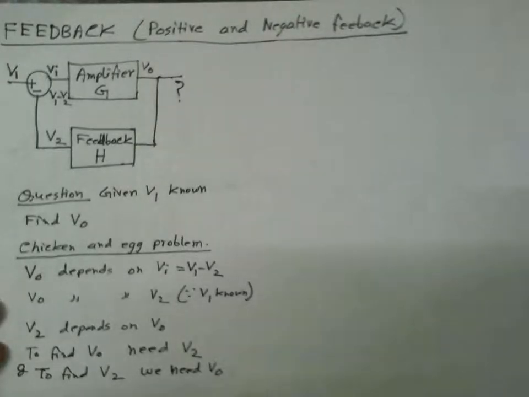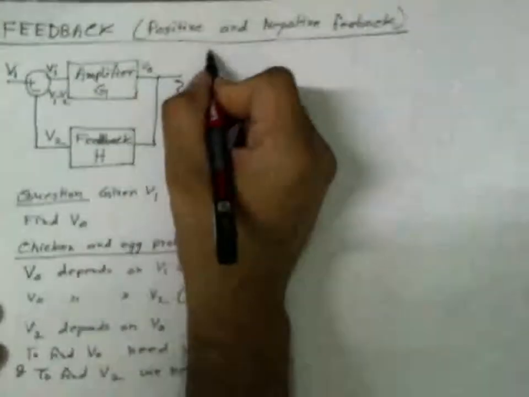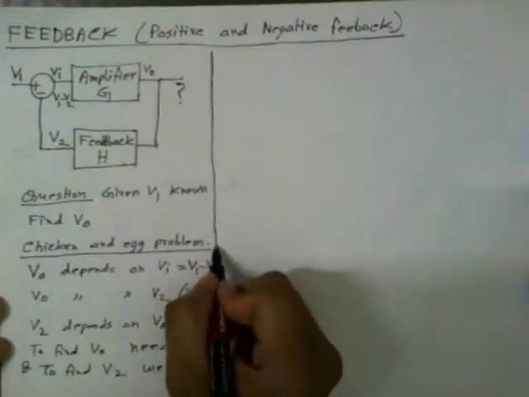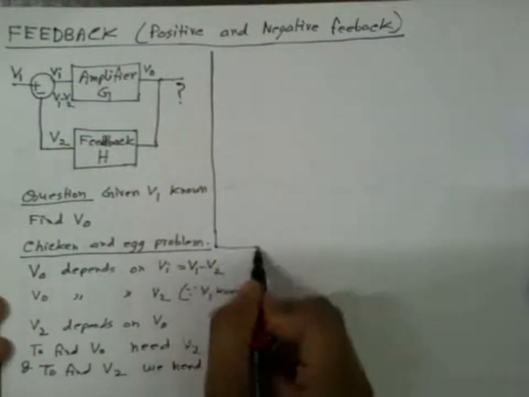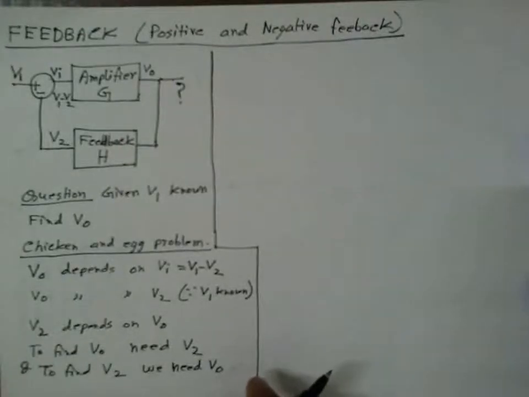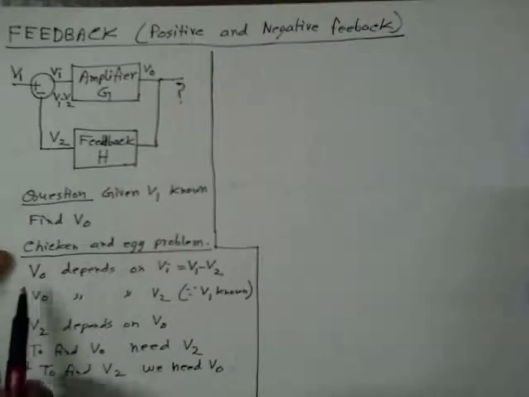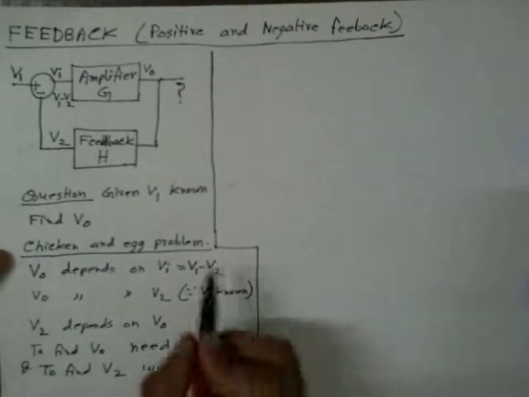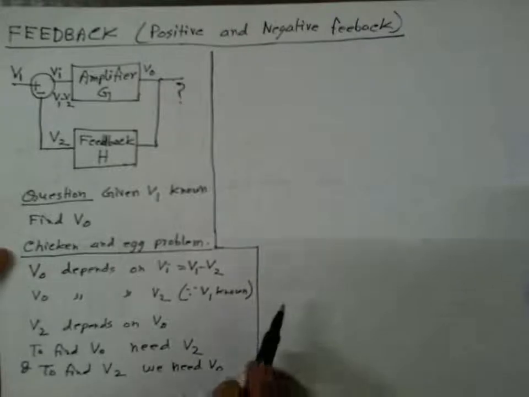So how can we solve this? Okay, this is possible only if, instead of trying to solve Vo independent of V2, we try to solve them together. Then only we can do it.